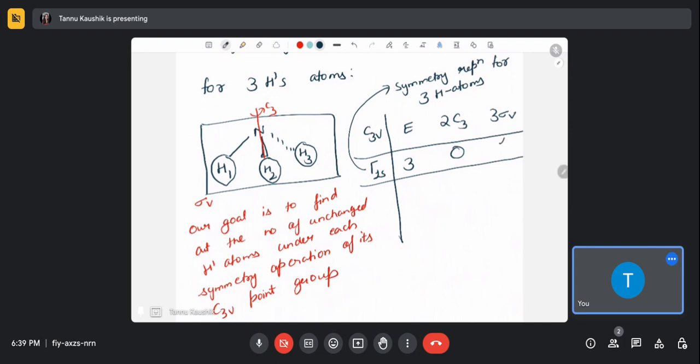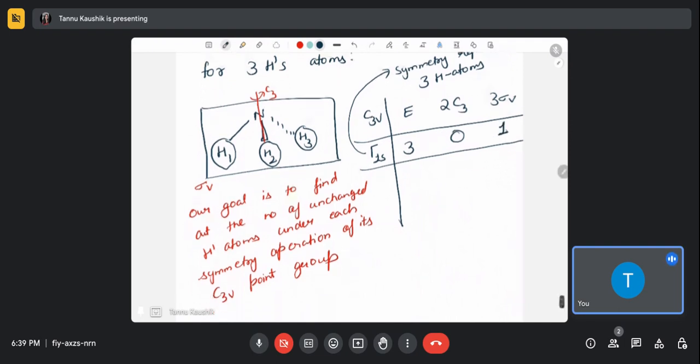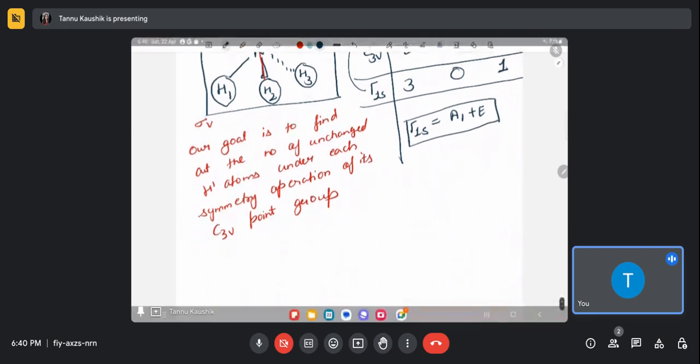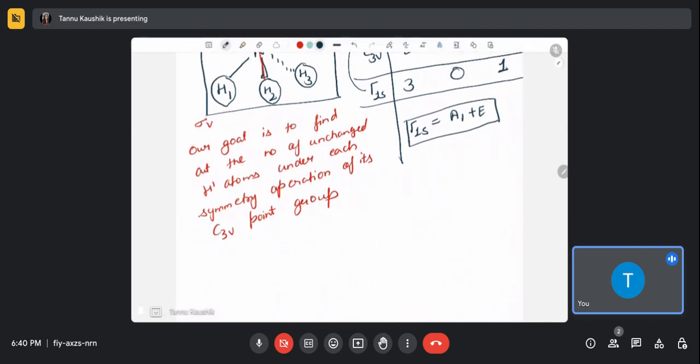So we will have one hydrogen atom unchanged. Using the reduction formula, we will reduce this reducible representation in terms of irreducible representations of this point group, and we will find that it is equivalent to A1 plus E. This shows that these three hydrogen atoms will have symmetry of A1 and E.